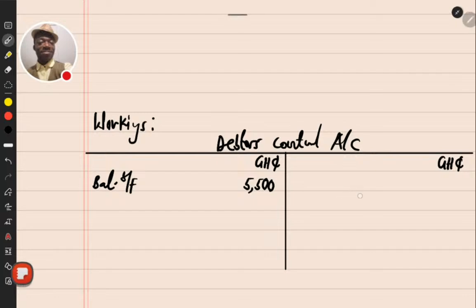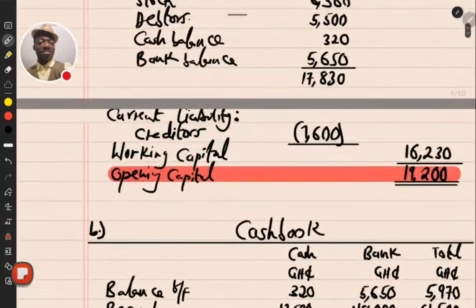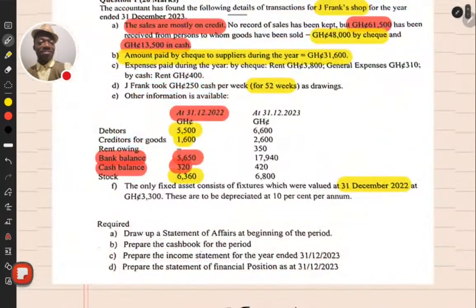So we'll have first cash as 13,500, and that of bank, 48,000 coming up. Was there any other receipt during the year aside from the 61,500? I think that was all for the year.